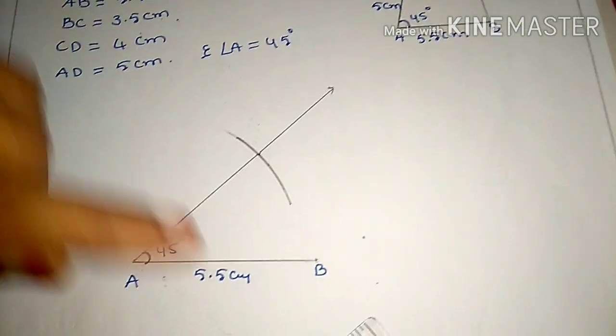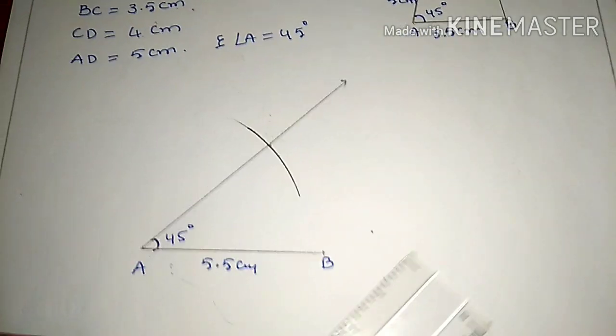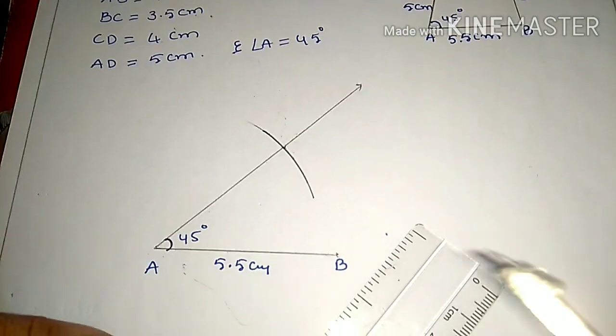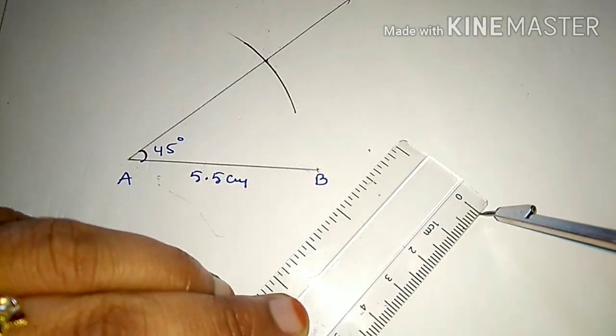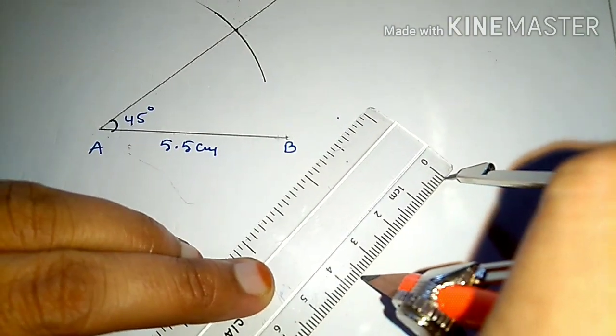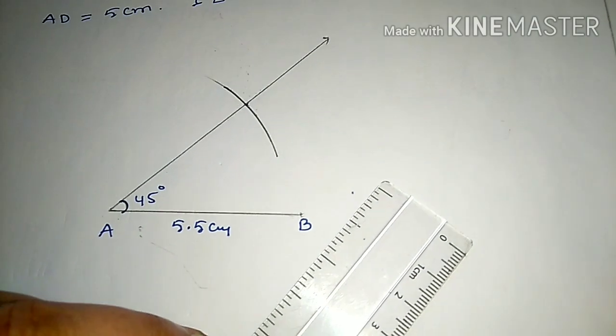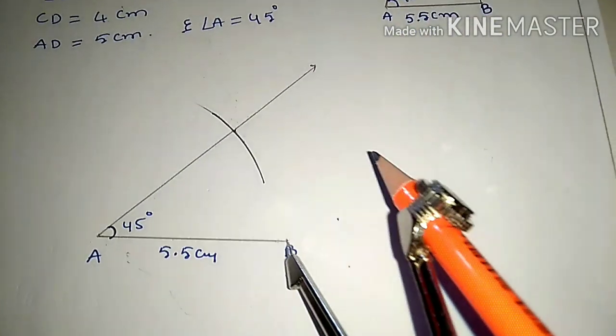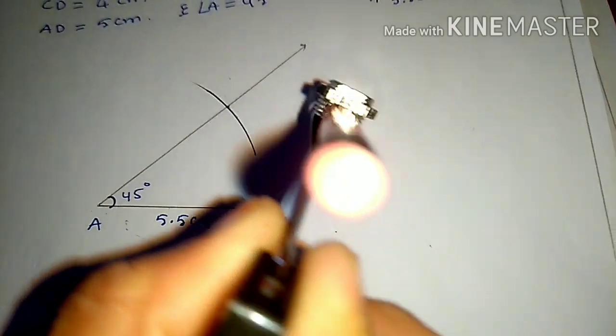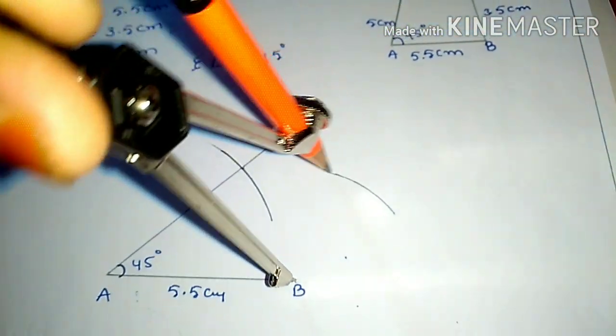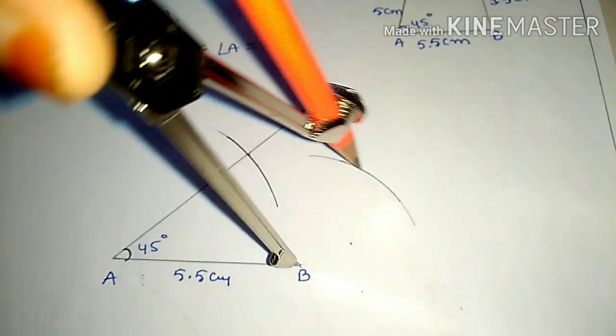Next, from B, BC is 3.5 centimeters. Take 0 to 3.5 units, with radius 3.5. Now with center B, draw one arc.